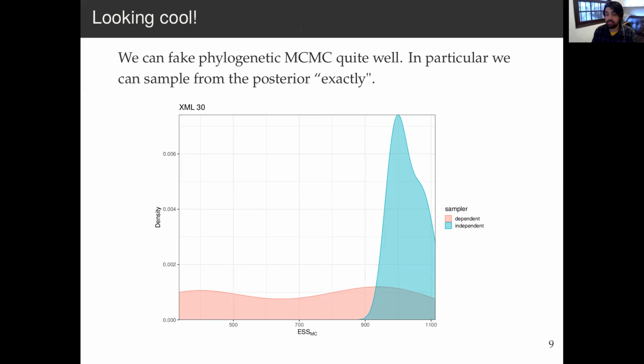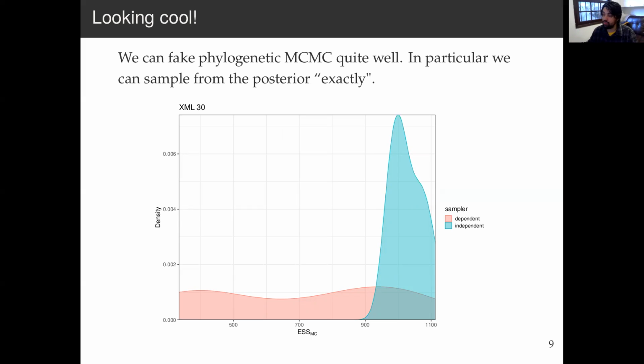So how does that look in practice? Well, if I take a particular phylogenetic posterior and I look at independent versus dependent samples, and we can do that because we can fake phylogenetic MCMC. See Andy McGee's presentation for more details, but suffice it to say that after I've sampled from a posterior, there are ways of approximately sampling independently from that posterior, right?